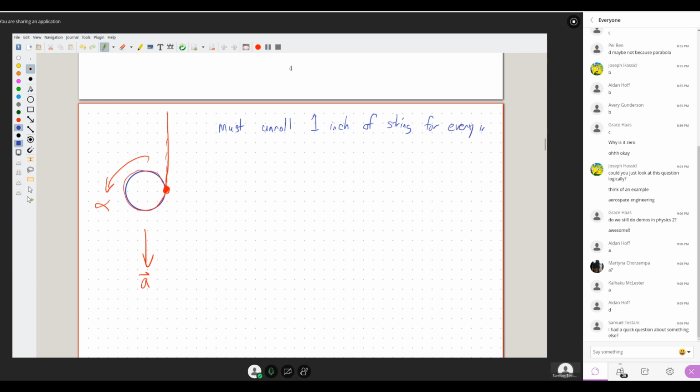For every inch fallen. So unrolling string, that tells you about its rotational motion, right?